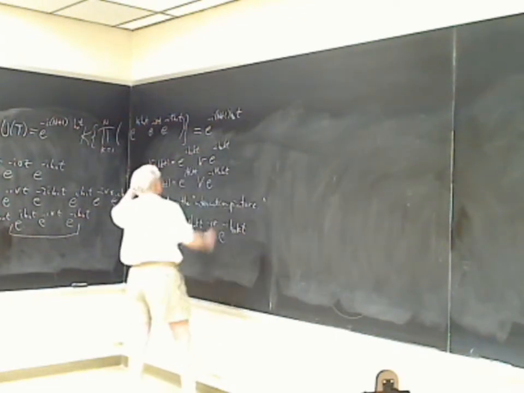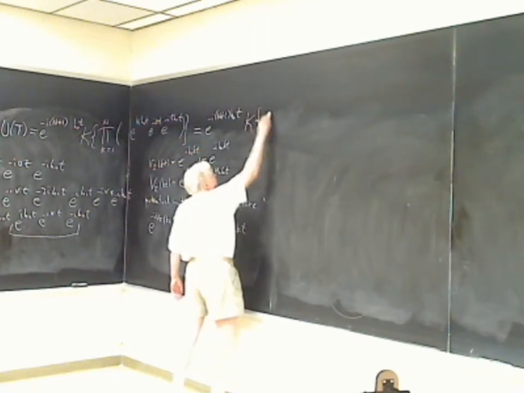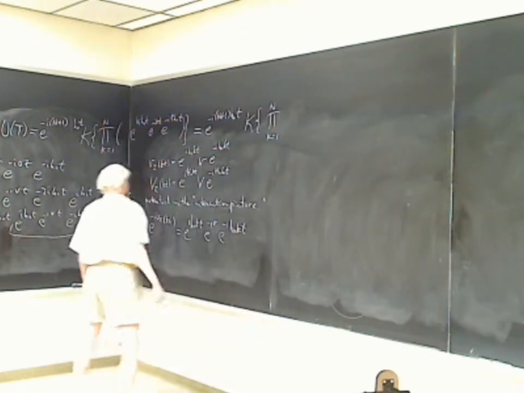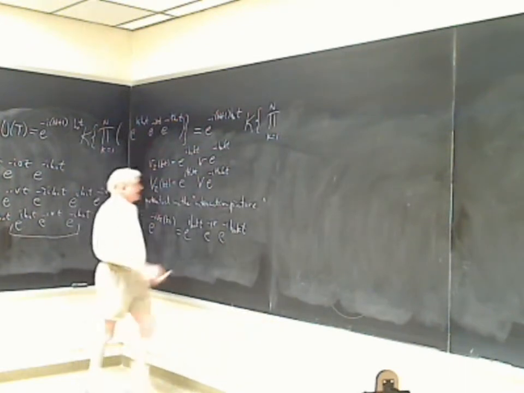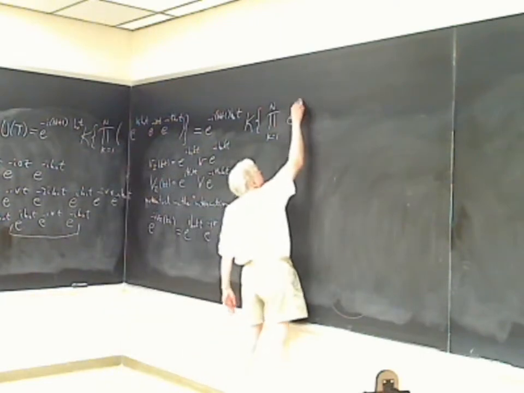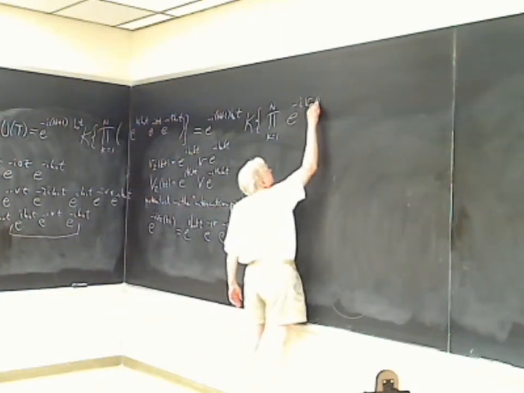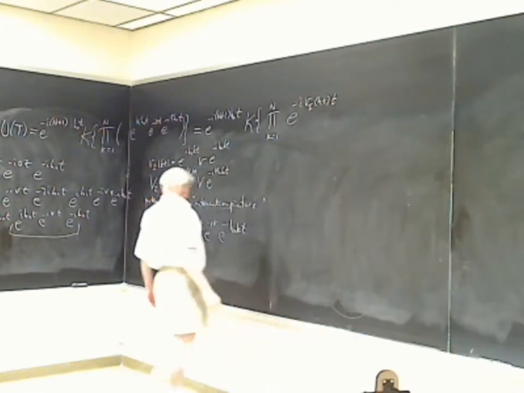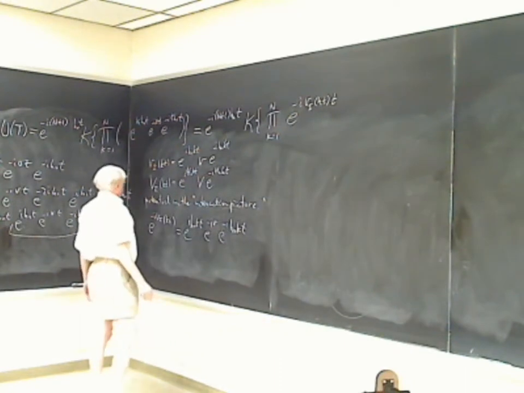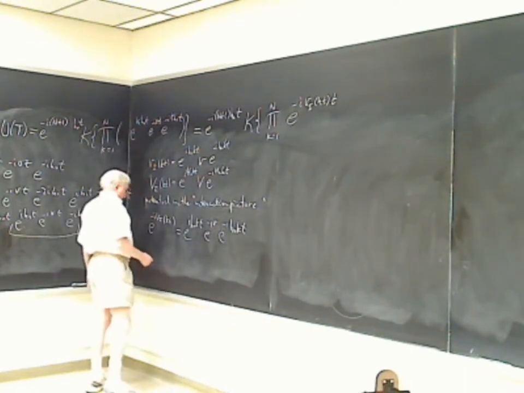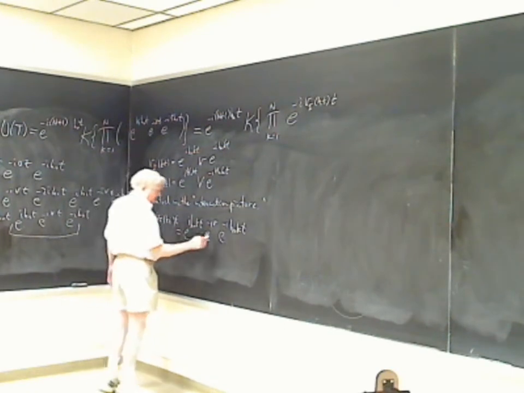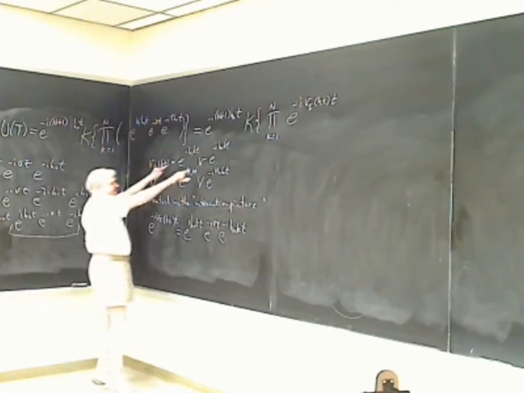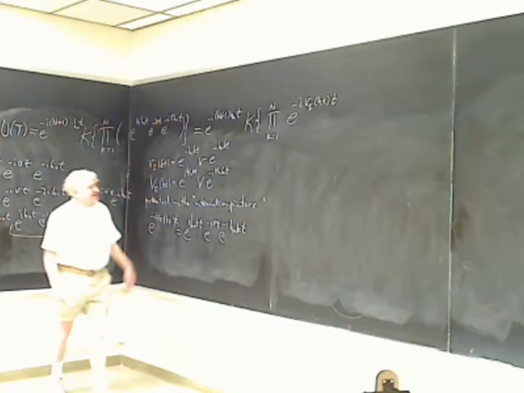And now all these factors are simply e to the minus I v sub I of kt times, well, yeah, let me put a t here also. Because I'm multiplying both sides of the equation by t, because after all we have t.